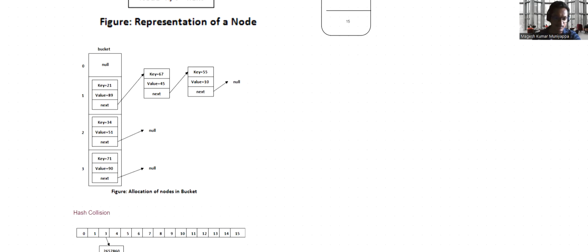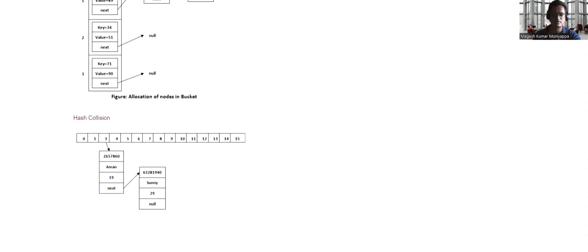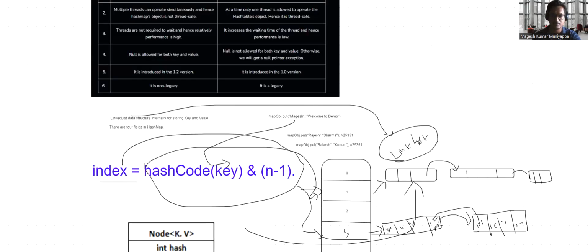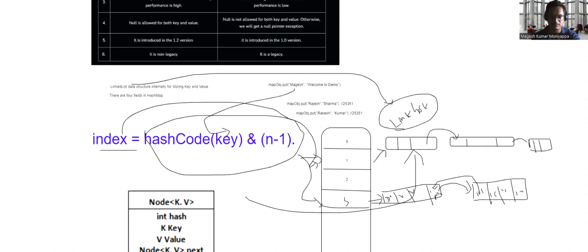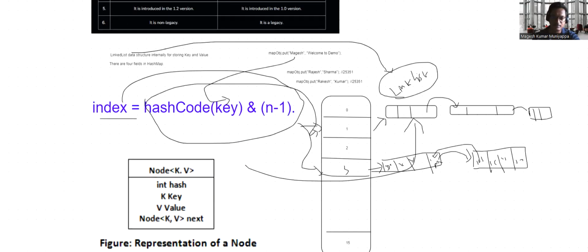There is one more important concept, hash collision. When there is the same hash code, for example here Rajesh and Rakesh both give the same hash code value, say 525351, this is what a hash collision is. First it checks the hash code, then goes to the bucket index, and from the bucket it performs the object equals check.